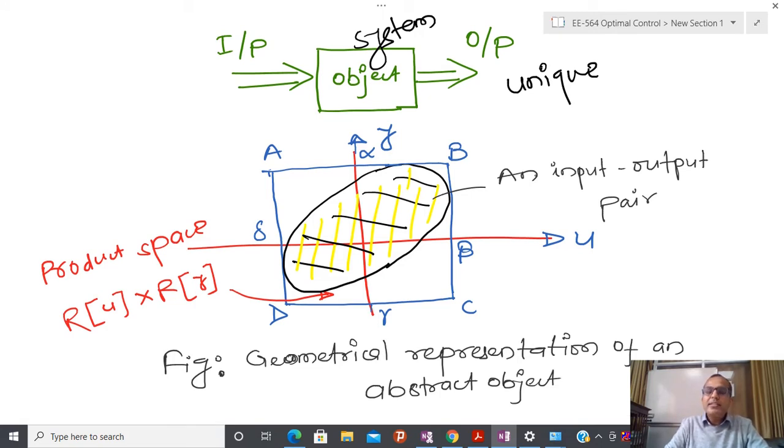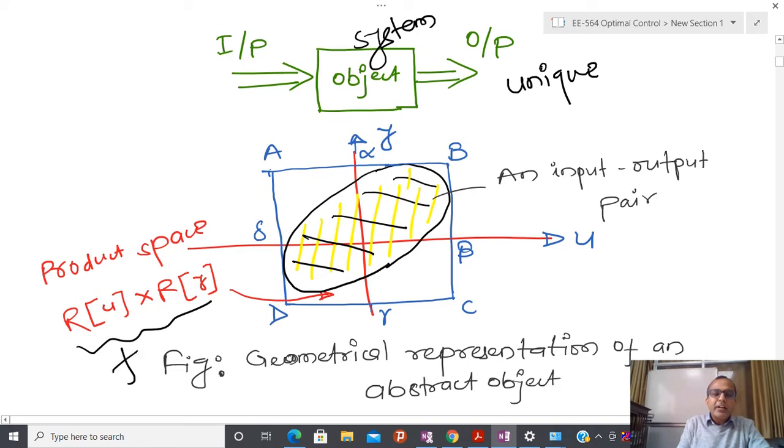I always have certain kinds of limitations, and I have captured that space using some kind of Cartesian product. So this represents the Cartesian product. I have a certain relation between input and output, but this relation is always unique, and due to that reason this represents a certain kind of function.